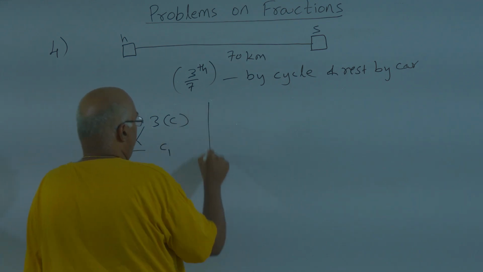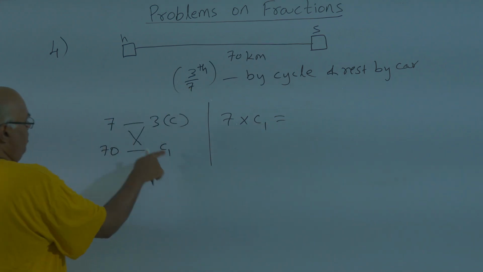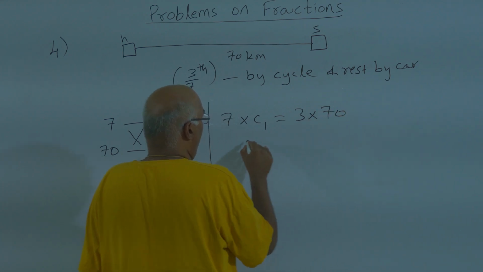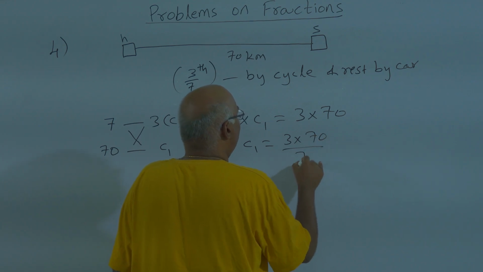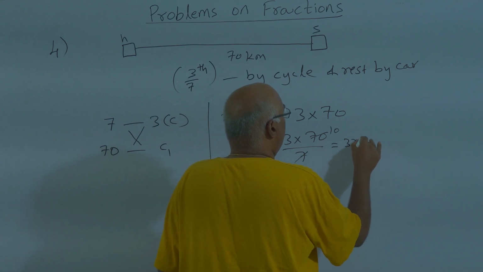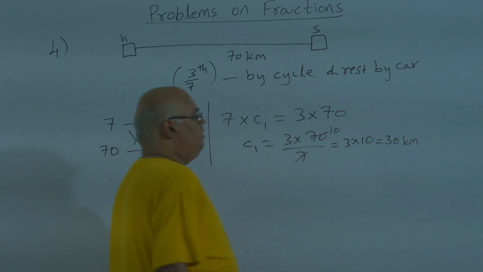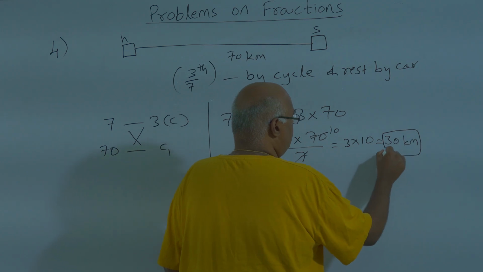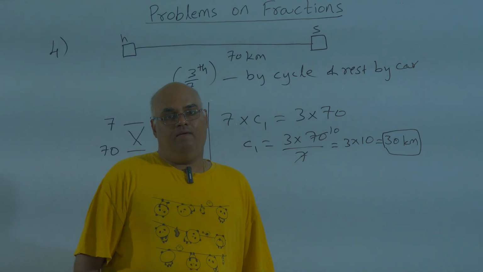So 7 into C1 is equal to 3 into 70, or C1 is equal to 3 into 70 by 7. 7 goes 10 times, so it is equal to 3 into 10, which is equal to 30 kilometers. So this 30 kilometers is the distance covered by Rohit using bicycle.